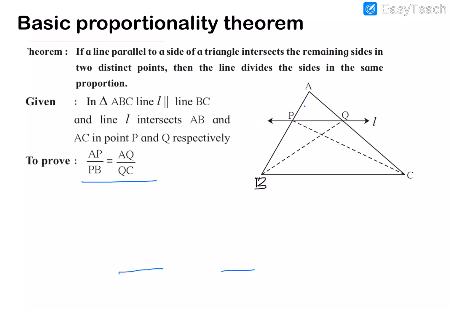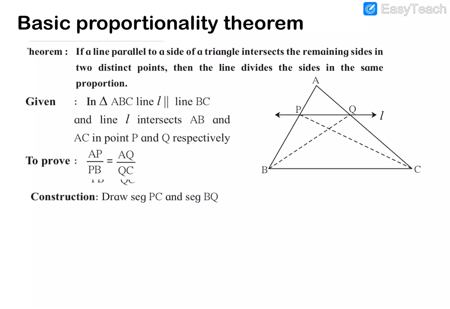This line will divide the two sides in the same ratio, that we need to prove. That is, the ratio in which the sides are divided by this line L is equal: AP by PB is equal to AQ by QC. That is the theorem we need to prove. The line divides the sides in the same proportion.